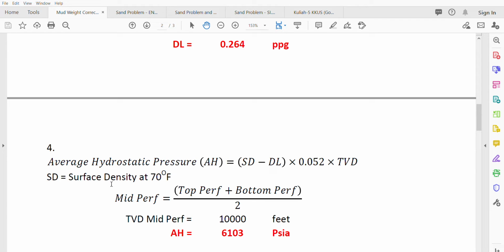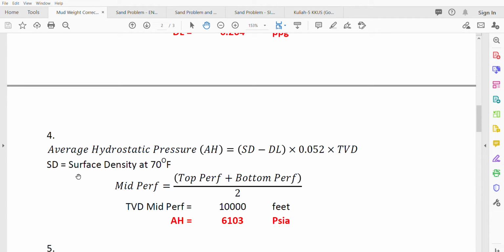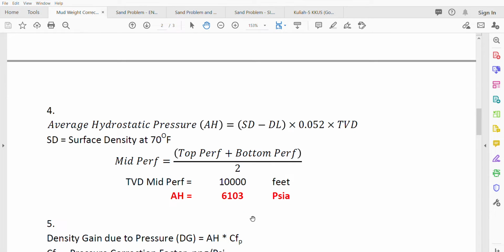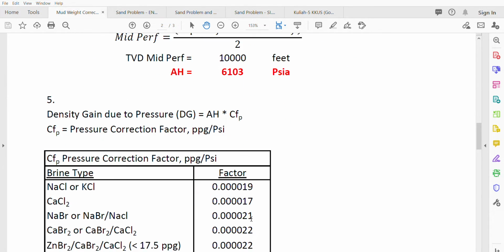The TVD is the mid perforation, which is the top perforation plus the bottom perforation divided by 2. So this is around 10,000. So the AH from this calculation is 5,103 psi.